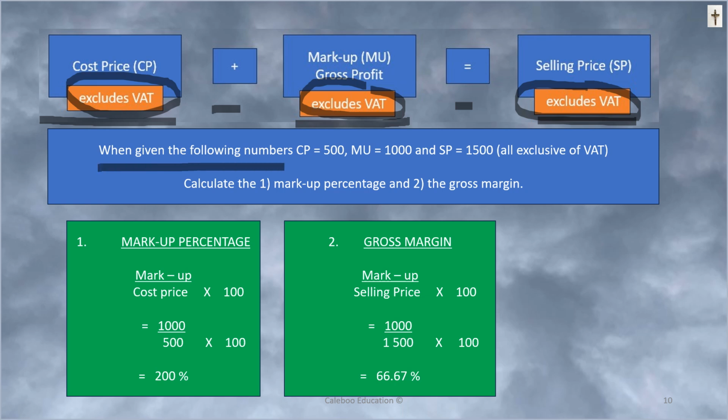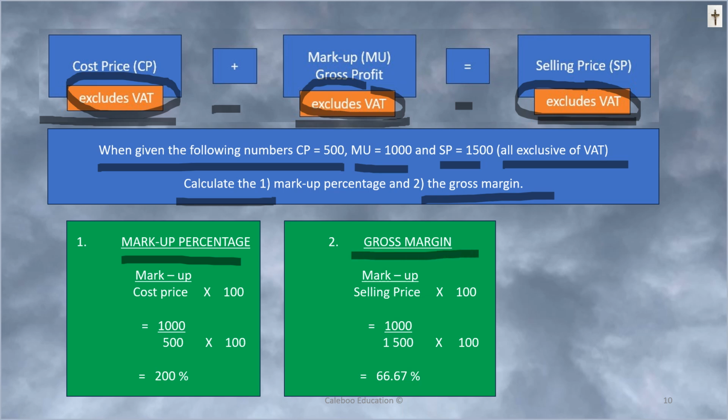So when we're given a cost price of 500, the markup is 1,000, and the selling price is 1,500, all exclusive of VAT. Calculate number 1, the markup percentage, which is the markup on the cost price, and 2, the gross margin, which is the markup on the selling price. So I'm comparing the two, the markup on cost price and the markup on selling price. So it's quite easy.